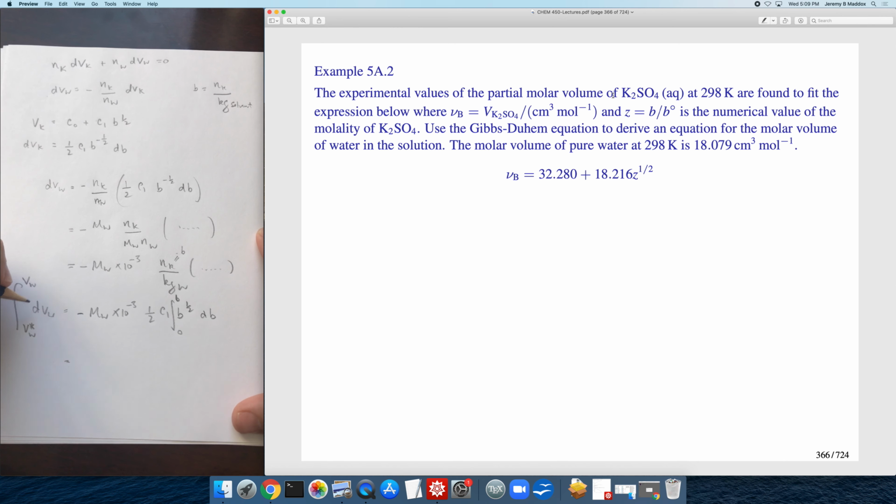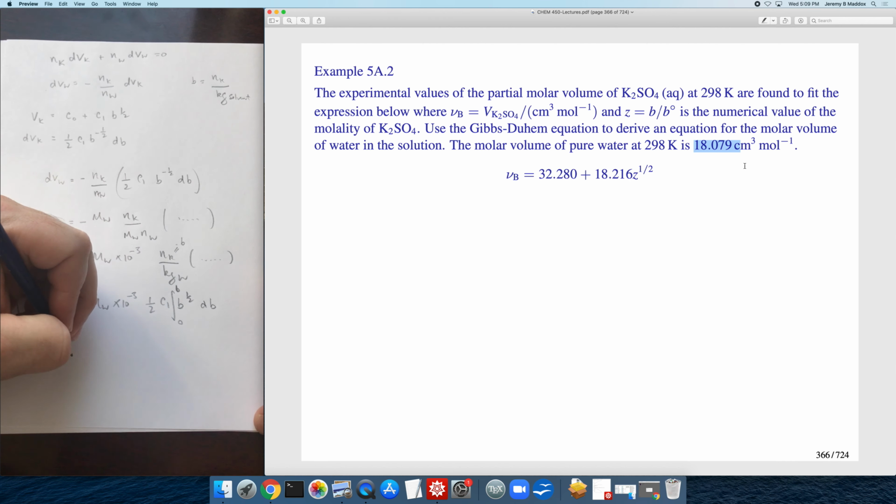So this is going to give us the function we want, VW minus VW star, which the problem gives us. It's that 18.079 cubic centimeters per mole.